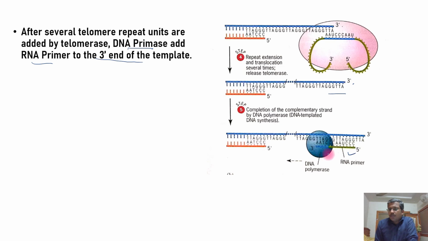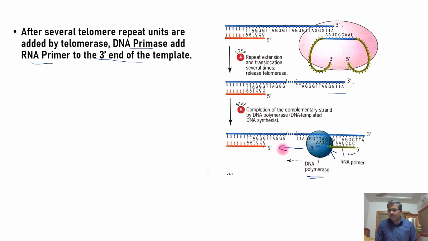Now you have a free 3' OH at this portion. Now DNA polymerase can come. This DNA polymerase will utilize this free 3' OH at the 3' end of the RNA primer, start adding deoxynucleotides, and extend the chain in this direction.